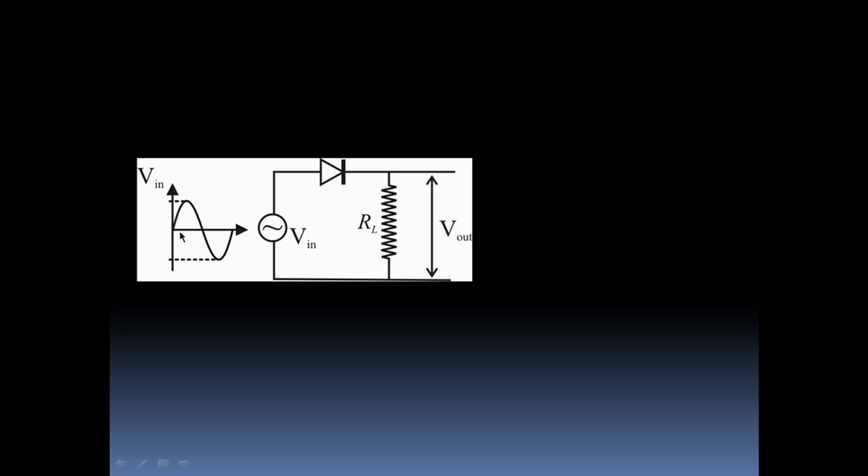Now during the first half of the input cycle, let's say the current flows in this direction. Then during the first half cycle, the diode is forward biased, therefore there will be a current flow, there will be a variation of voltage through RL, and the current flow through RL takes place in this direction.